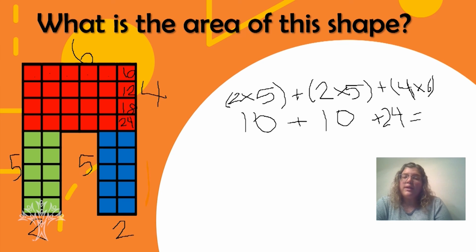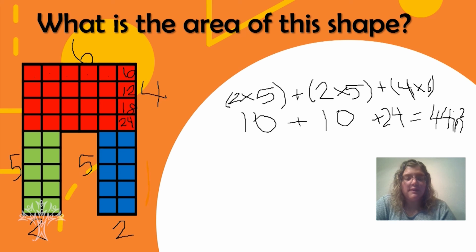Now the other way we can do this is we can start at 24 and count on by 10s. 24, 34, 44. Now what's missing from this answer? If you said your units, you're correct. 44 inches squared.